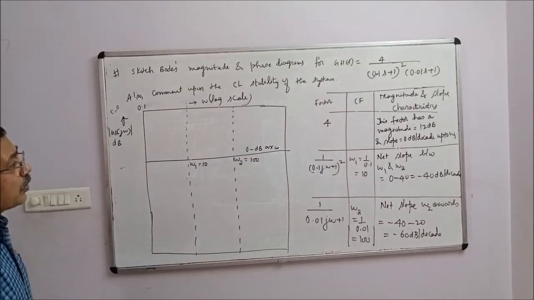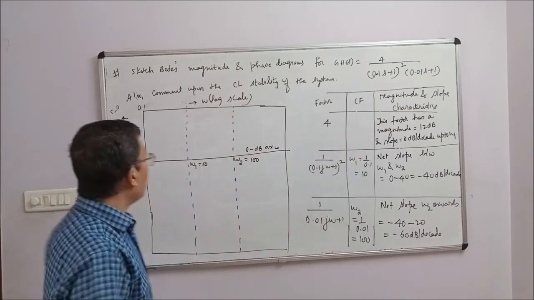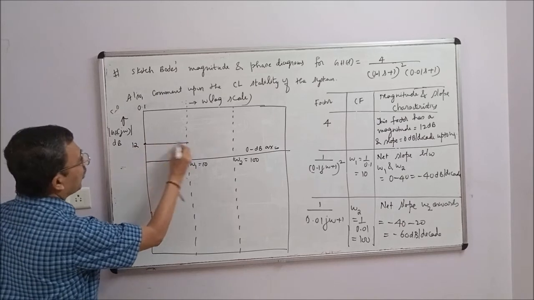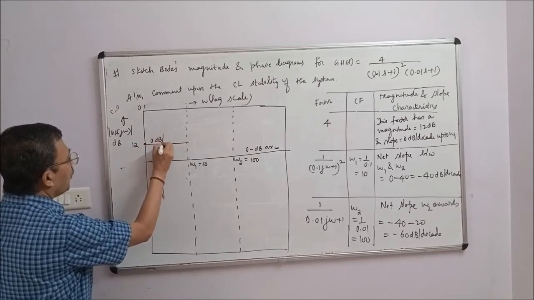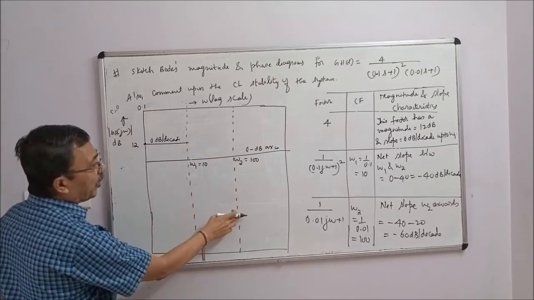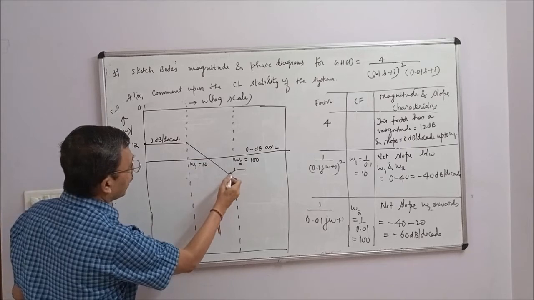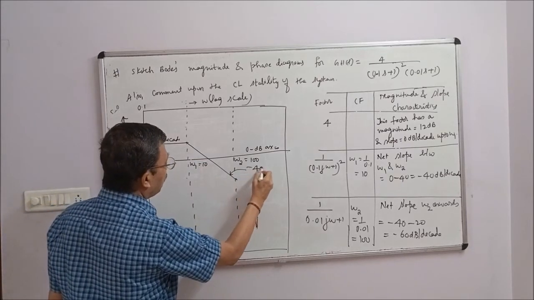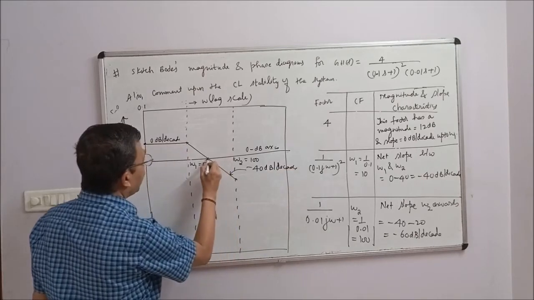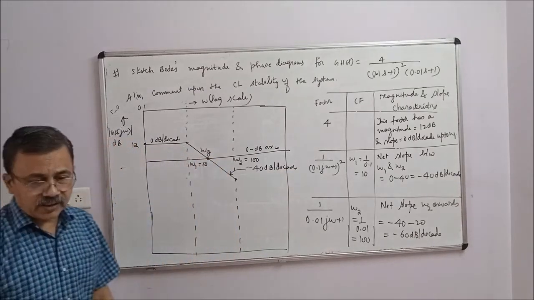Line of slope equal to 0 dB per decade has a magnitude equal to 12 dB. So this is 12 dB. This is a line of slope equal to 0 decibels per decade. Between omega 1 and omega 2, slope is minus 40. This is a line of slope equal to minus 40 decibels per decade. Where it crosses the 0 dB axis, that frequency is called omega g.